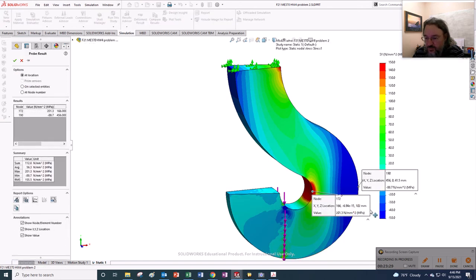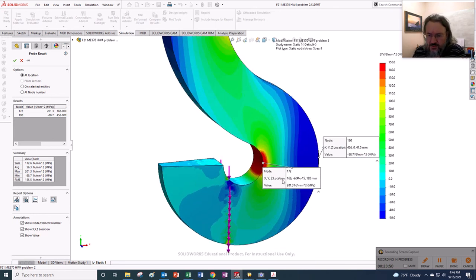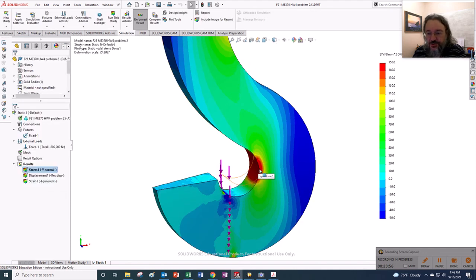and right there. And you can see we get like 201 and 88 compared to what we calculated before. Let's see, we said it was like 272. We're in the ballpark, with the compression side a little more off than the inside. We could also note that this is just the outside corner right here.